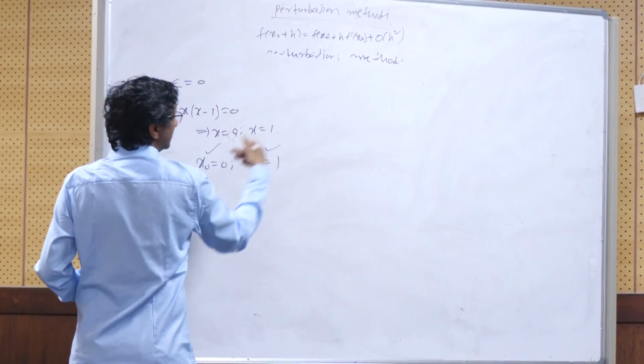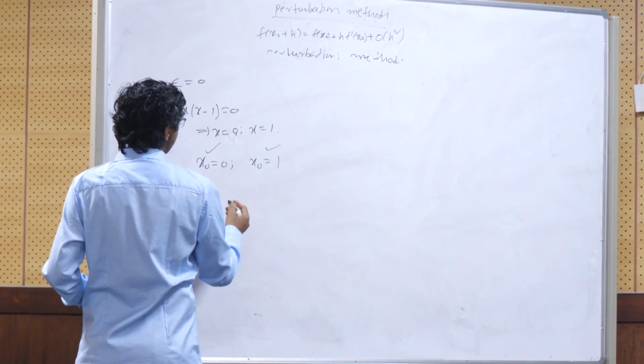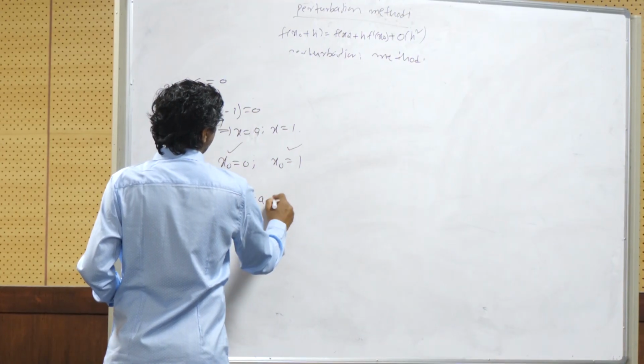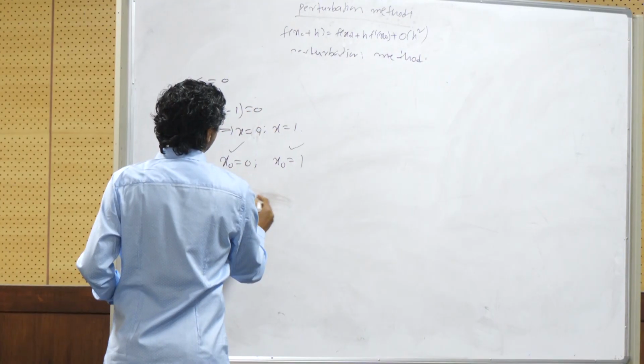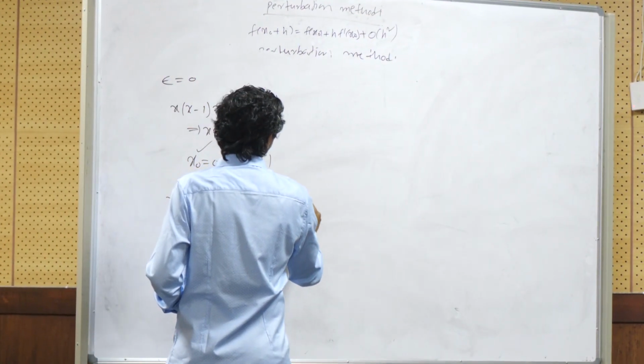Either you choose this and go to the expansion x of epsilon, where the first one, for example a naught, and then the next one is epsilon a1, plus epsilon square a2, and so on.